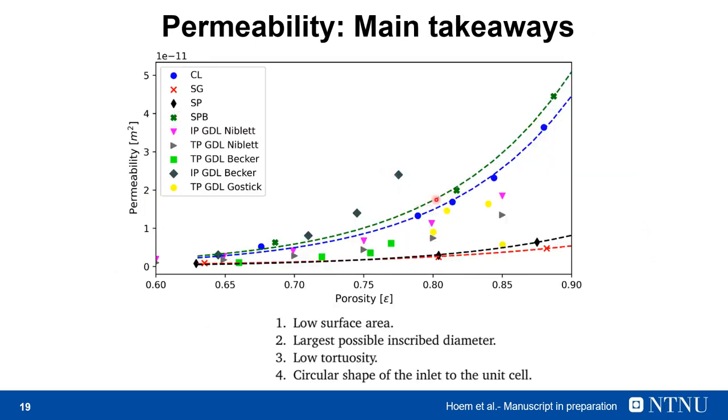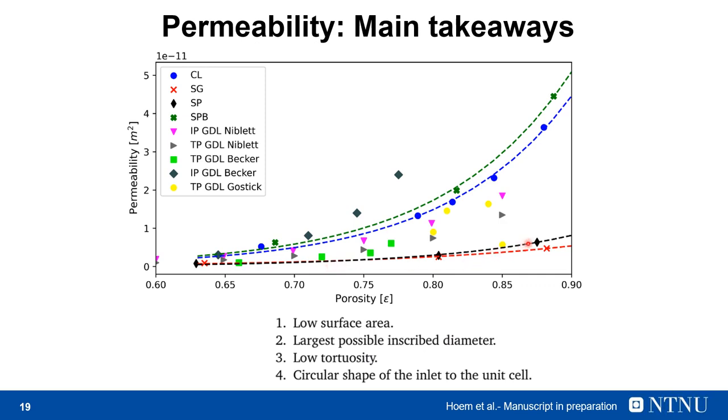Here we can see the permeability compared to traditional gas diffusion layers. The Schwarzschild beam and cubic lattice are high performing, and you can see that they perform better than most other structures except the in-plane direction of Becker.